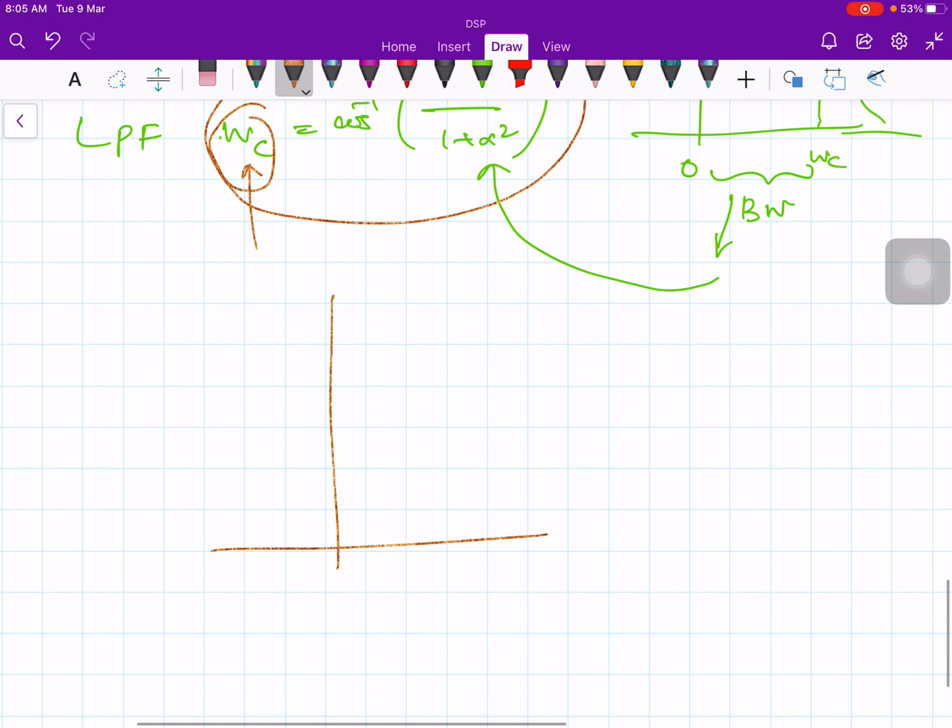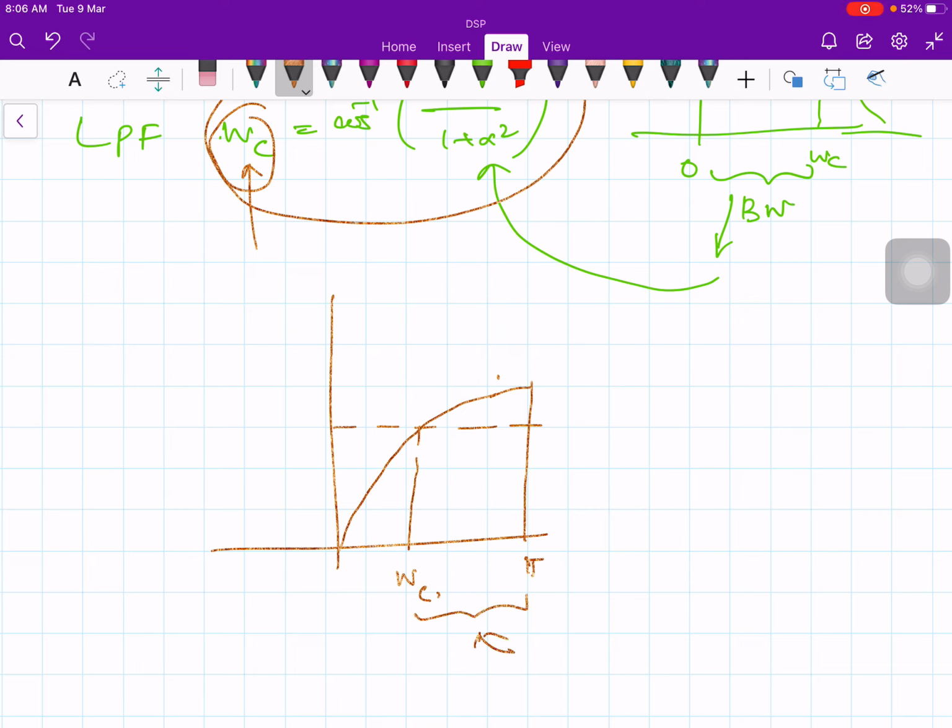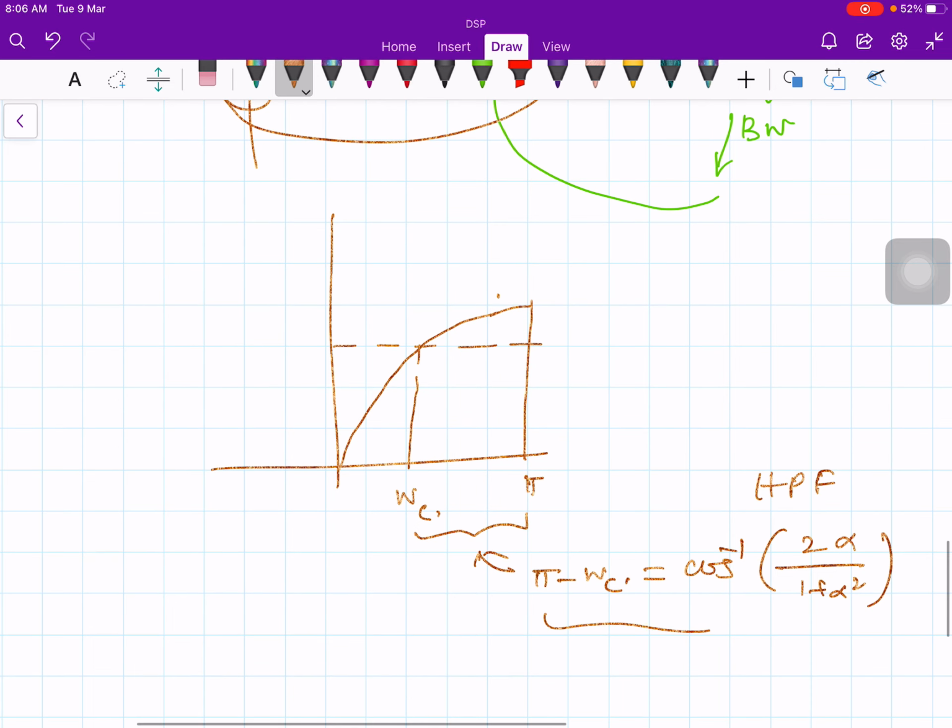In case we have the high pass filter like this, this is pi, you take 3 dB and this is your omega c. Now this is my bandwidth. How can I find this bandwidth? Pi minus omega c. Okay, therefore pi minus omega c is equal to cosine inverse of 2 alpha divided by 1 plus alpha square for the high pass filter. So for the high pass filter, the bandwidth is obtained using this formula.